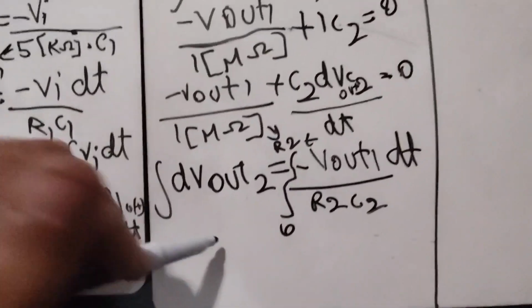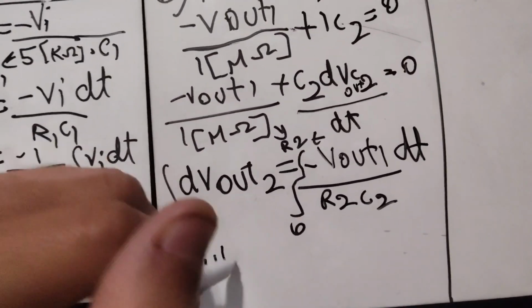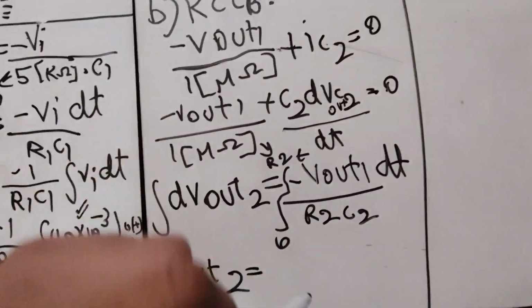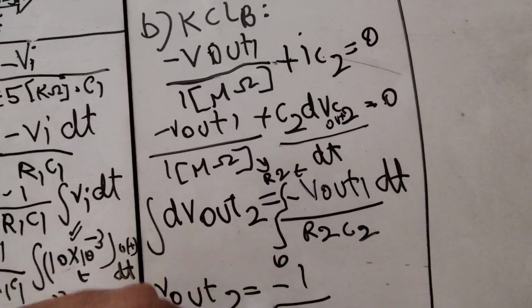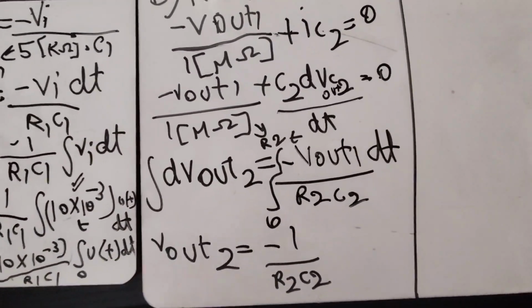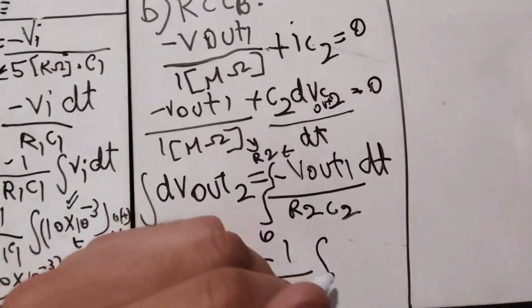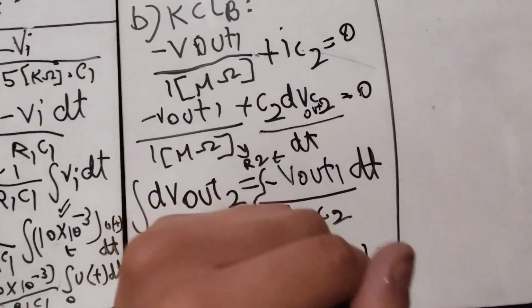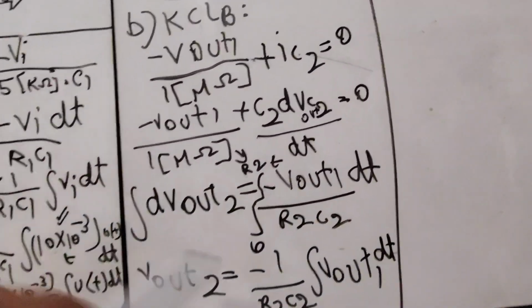Now we get Vout2 equals negative 1 over R2C2 integral of Vout1(t) dt.